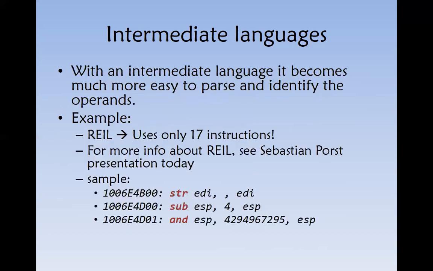So the nice thing about intermediate representations is that it's much easier to parse and identify the operands. Again, to draw a relationship between this lecture and a prior lecture, you have seen intermediate representations before. In the SoftBound lecture, the SoftBound transformation was applied at the level of LLVM intermediate representation, or LLVM IR, rather than at the source code or at the x86 level.